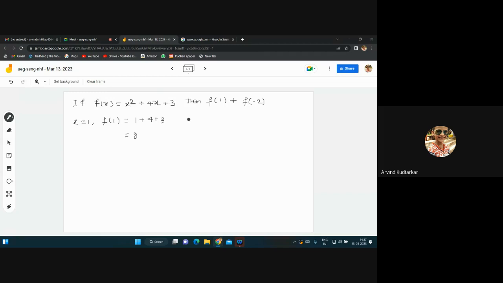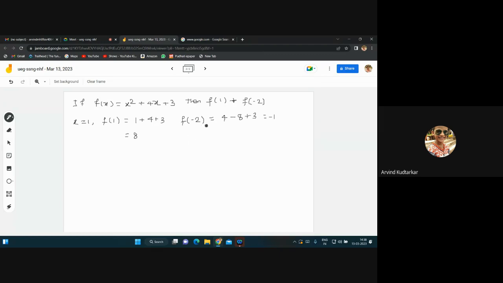And then x is -2. So f of -2: -2 square is 4, then -2 into 4 is -8, plus 3. So 4 minus 8 is -4, -4 plus 3 is -1. So this is the value of the function at x is -2.